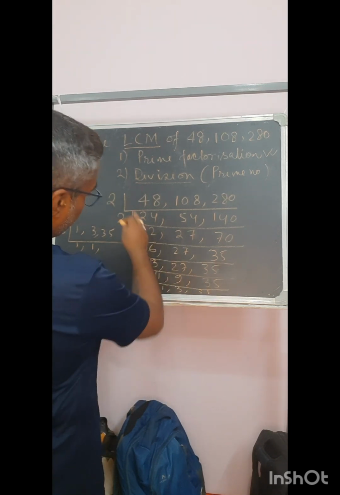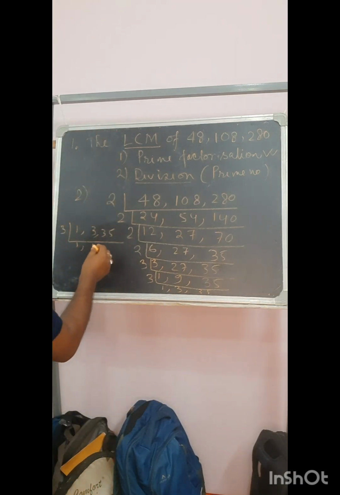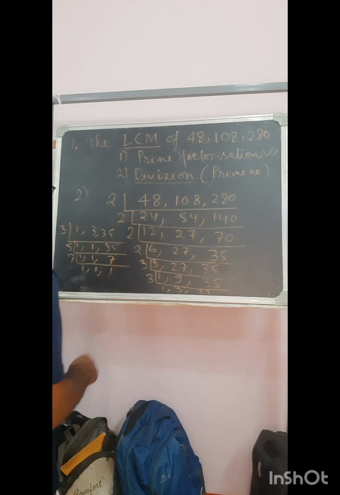You have to do that factorization till you get 1 at the bottom. So this will be 35. Now it will again be divided with the next prime number, that is 7, then again 7 1 1 and 1, till I get all 1. I have to go on doing factorization.